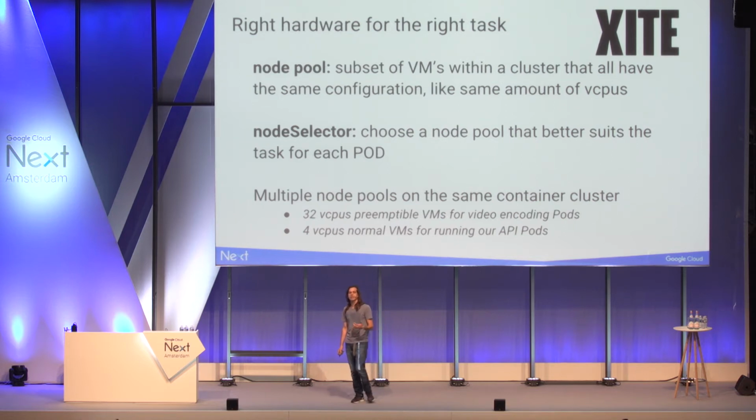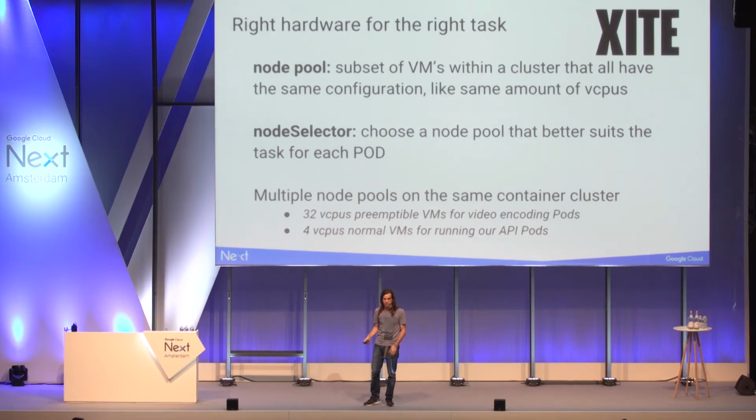We use a Kubernetes node selector to define on which node pool that specific pod should start. A node pool is a Google Container Engine feature. It allows you to deploy several different groups of machines that contain the same hardware.